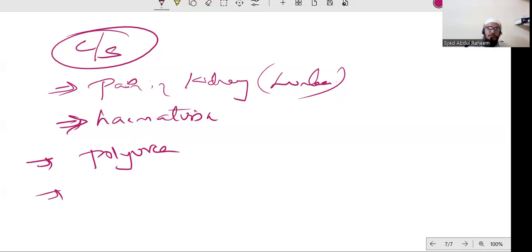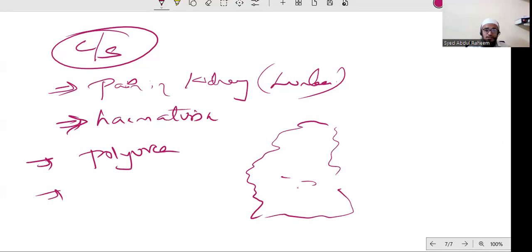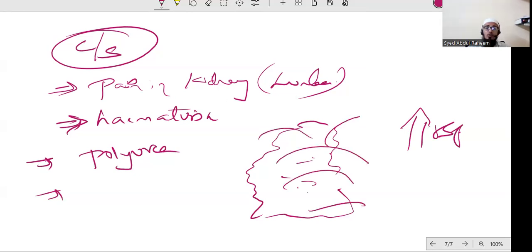If the patient is not treated, the kidney size will increase and the renal parenchyma will be damaged. Sometimes the blood pressure will increase. If it is not treated, it will burst, and the toxins will spread all over the body.